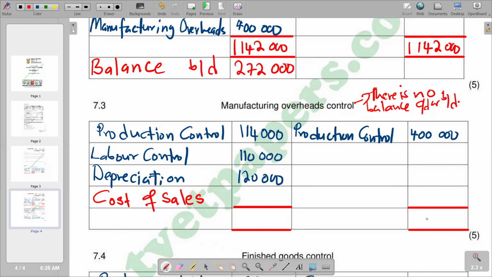So 400,000 is the greater, which is supposed to come in between double lines. So you say 400,000 minus all that we have on the credit side, we get a balancing figure of 36,000, of which we do not have cost of sales in the question, so we can just leave it.